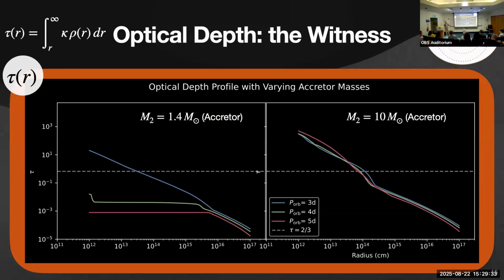However, with a 10 solar mass system, the shock breakout would actually occur within the circumstellar material. So this would cause a much more energetic and luminous supernova, which would actually have a longer duration overall.